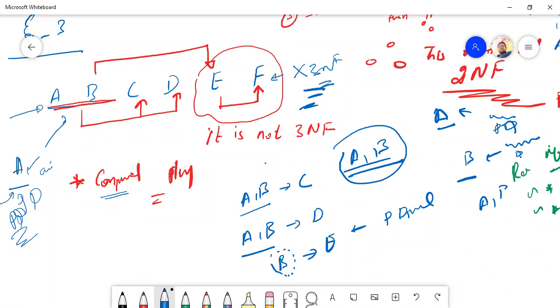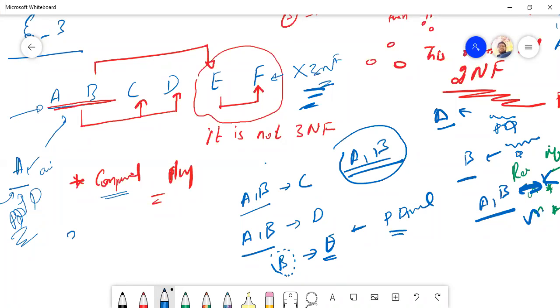If something depends on the whole key, then that is fine. In this question, E is depending only on B, not the whole primary key. So now you can say there is a partial dependency.